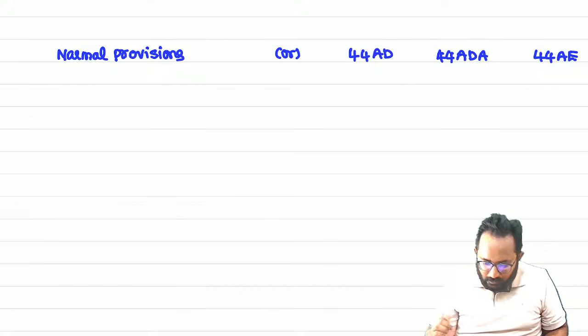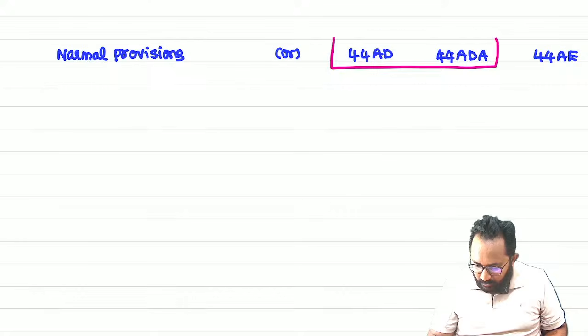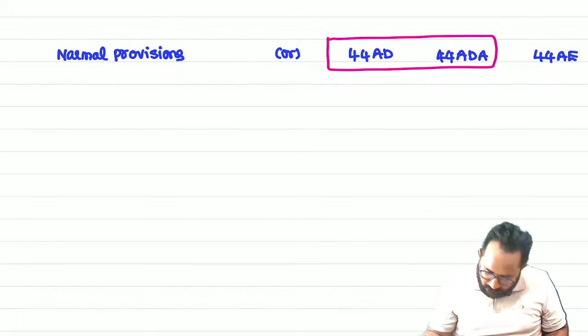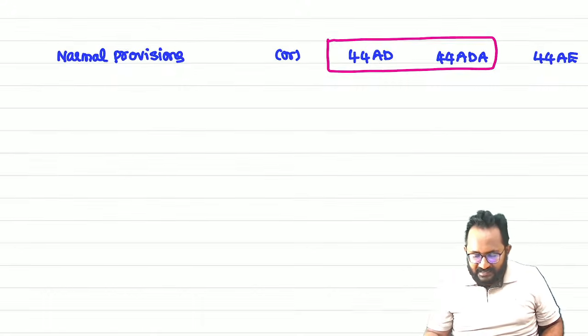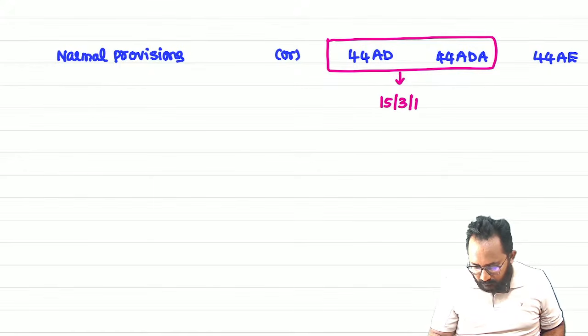Suppose you follow the presumptive taxation provisions of these two sections, 44AD and 44ADA. For you, only a single advance tax installment is mentioned in the Act. There are no multiple advance tax installments. Single installment, that is 15th March of the previous year.